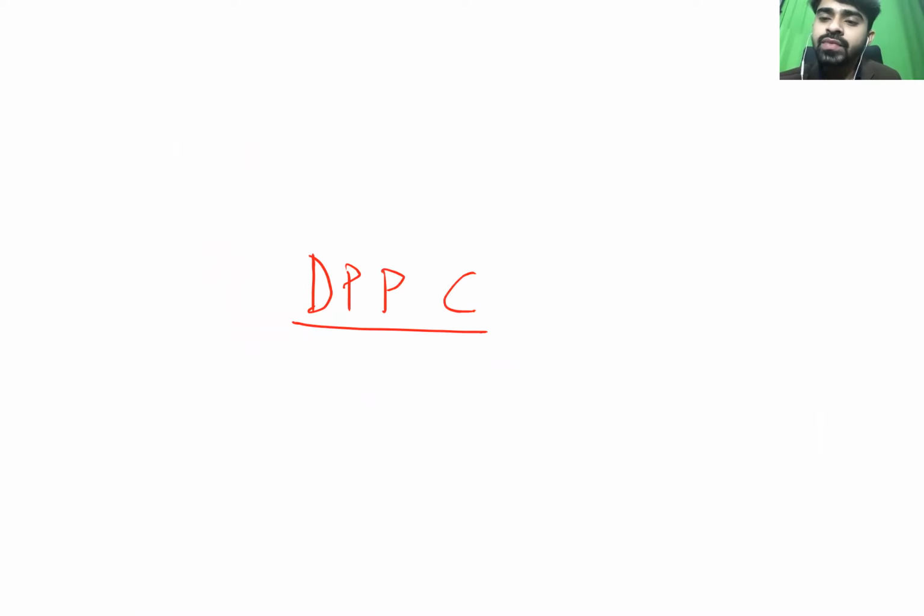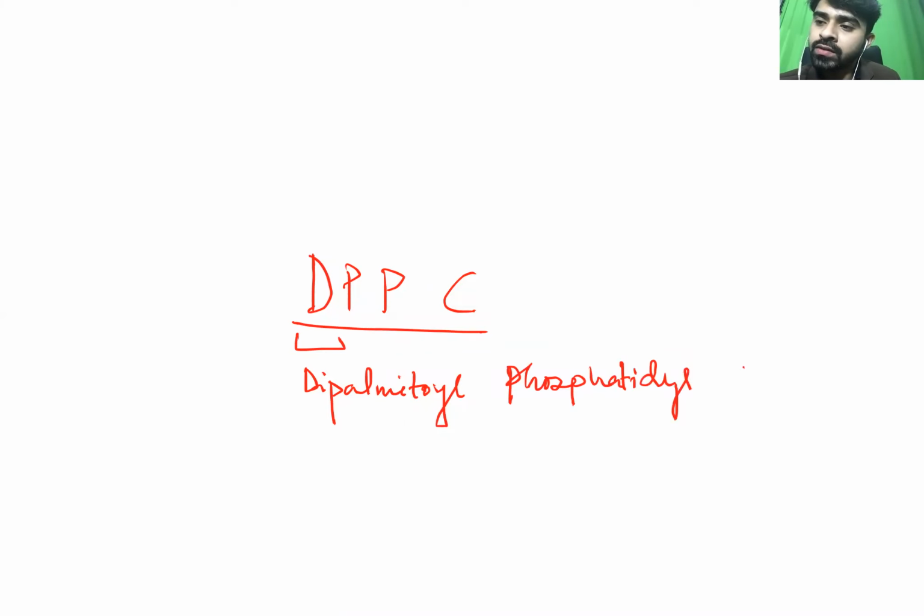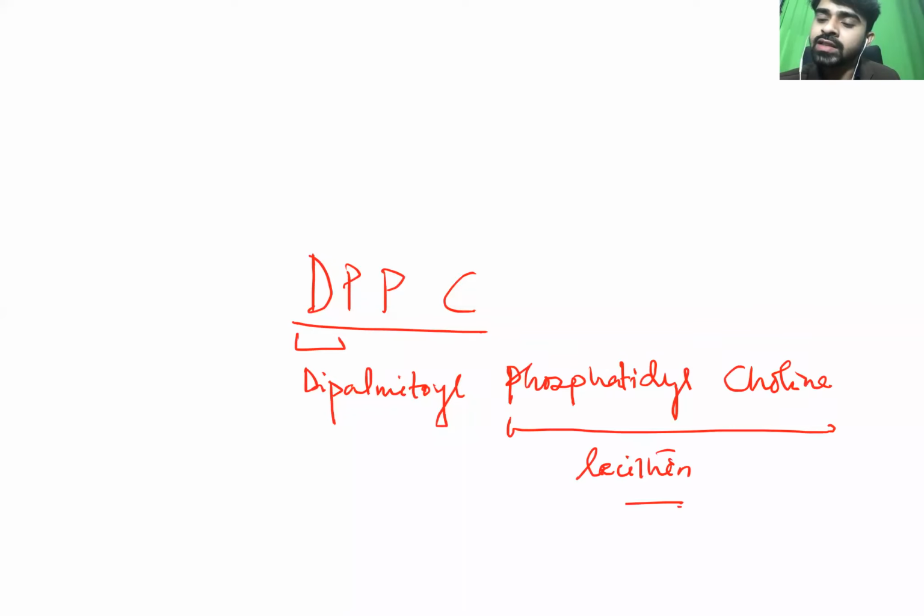DPPC full form is dipalmitoyl phosphatidyl choline. Phosphatidyl choline is equal to, tell me beta, lecithin. So actually you can also say dipalmitoyl lecithin.